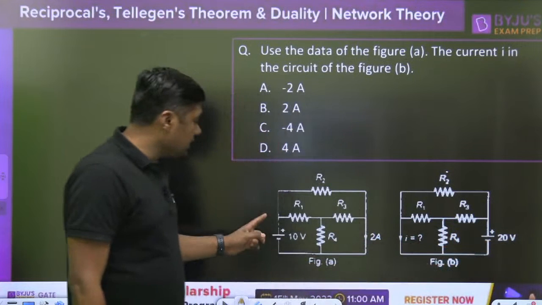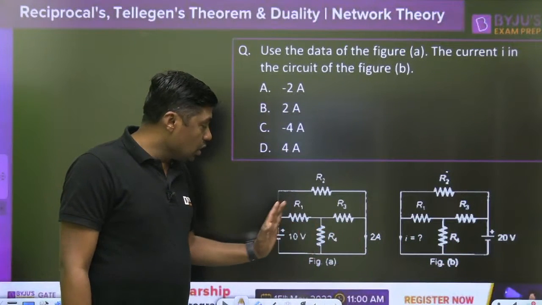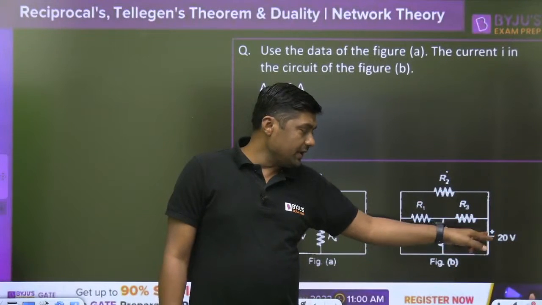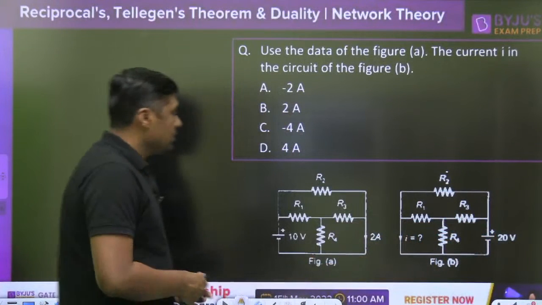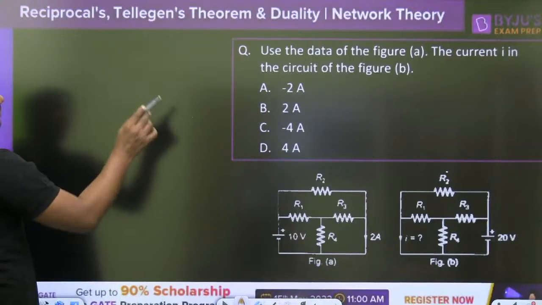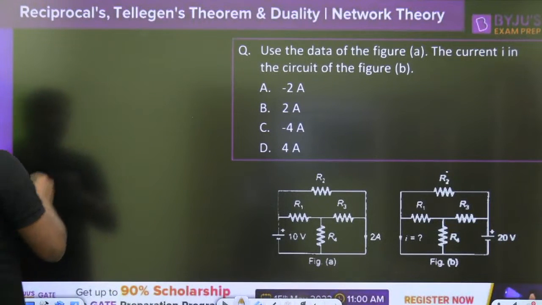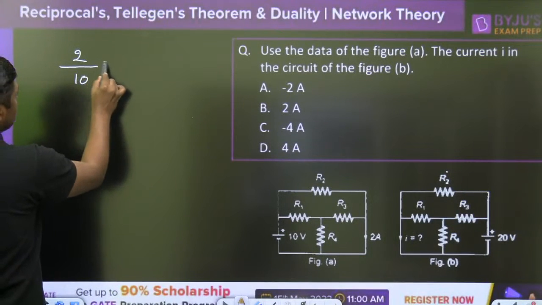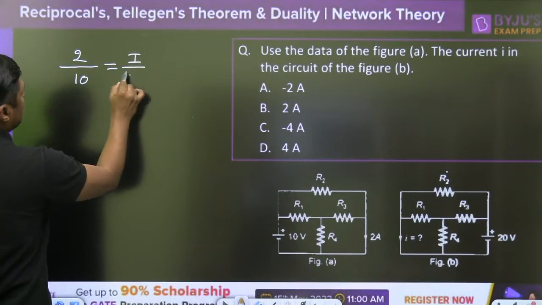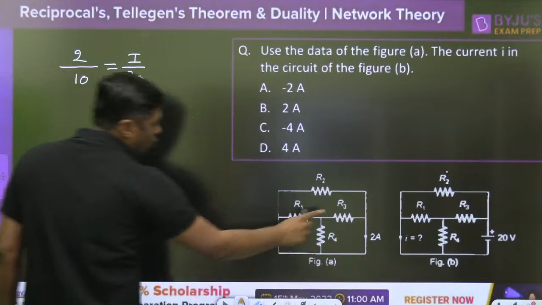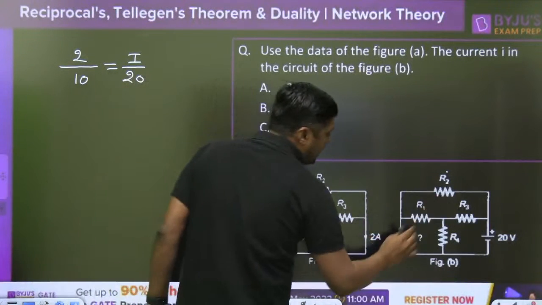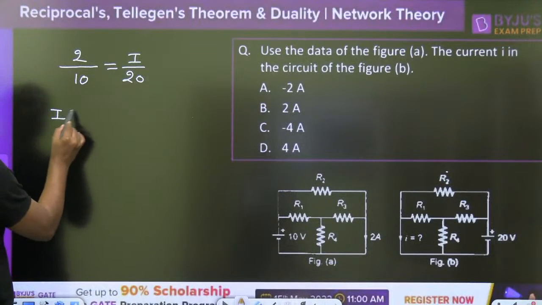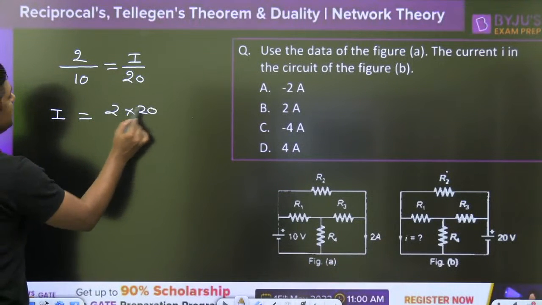Simple. When the 10 volt is here, 2 ampere. Now we are connecting the double value, 20 volt, same polarity. What will be the value of I? What is the answer? A, B, C, D? Tell me. From the first figure, 2 by 10 is equal to the second figure, I by 20. So I is equal to 2 into 20 divided by 10.